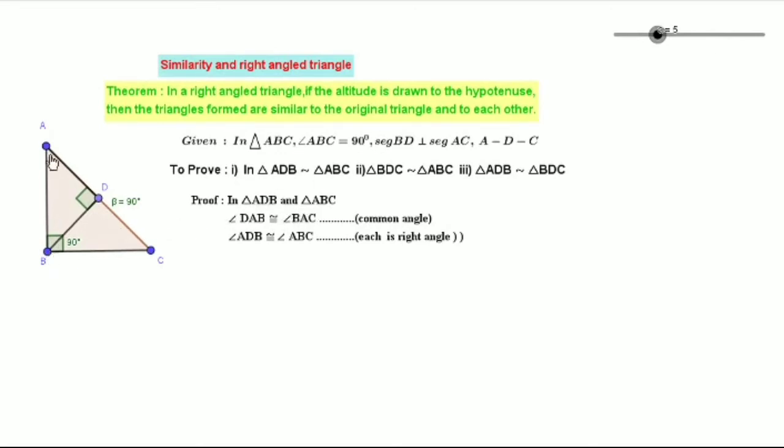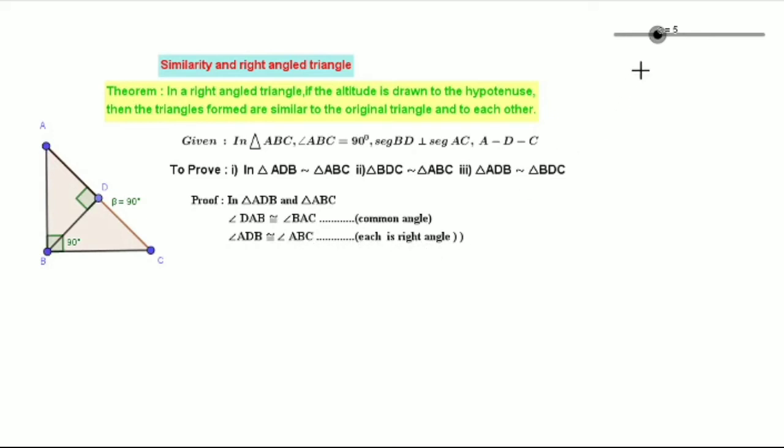Proof. In triangle ADB and triangle ABC, observe angle DAB and angle BAC, which is an angle of the bigger triangle ABC. So angle DAB is congruent with angle BAC because angle A is a common angle. Similarly, angle ADB measures 90 degrees, and angle ABC also measures 90 degrees.